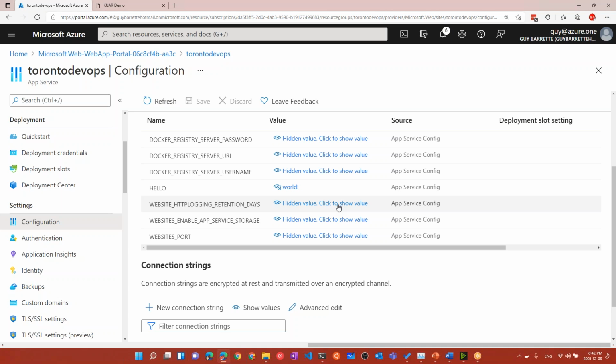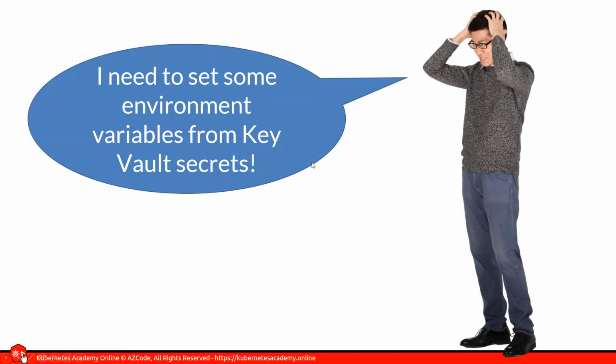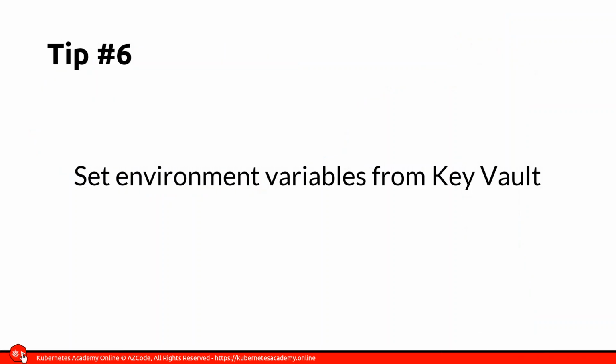So what if you want to protect that? And that's our next tip. What if you need to set some environment variables, but from Key Vault secrets? We'll see how to set these environment variables from Key Vault secrets.